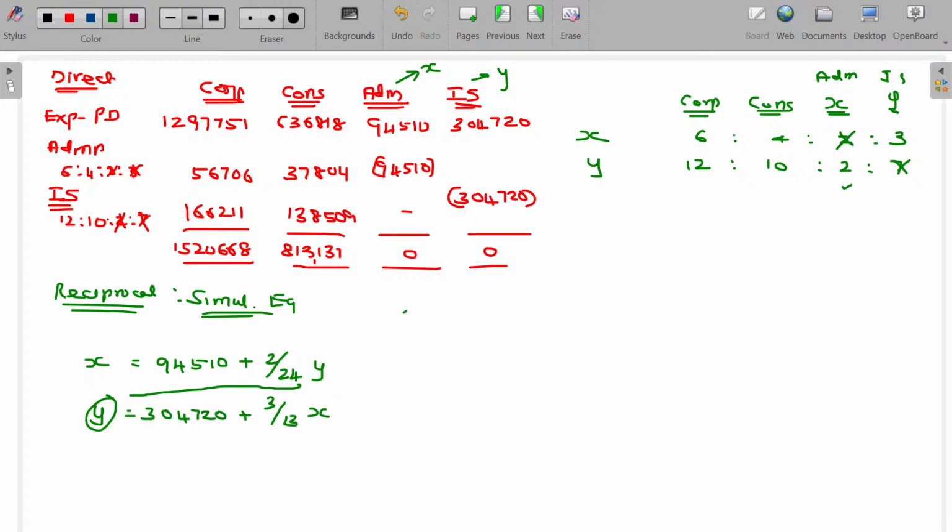So X is equal to 94,510 plus 2 bar 24 into Y, being 3,04,720 plus 3 bar 13 X. Tell me, multiply 2 bar 24 inside.